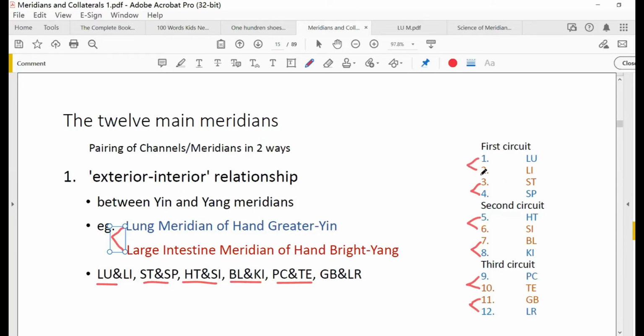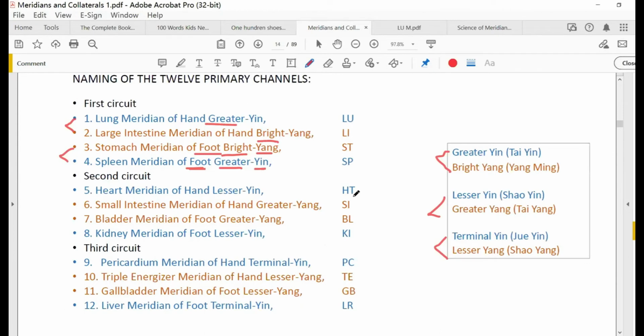Yeah, they are in the exterior-interior relationship. Okay, see me here, right? See me here.